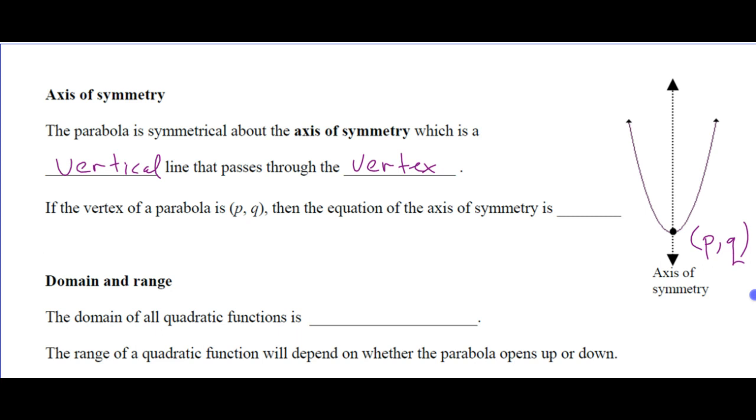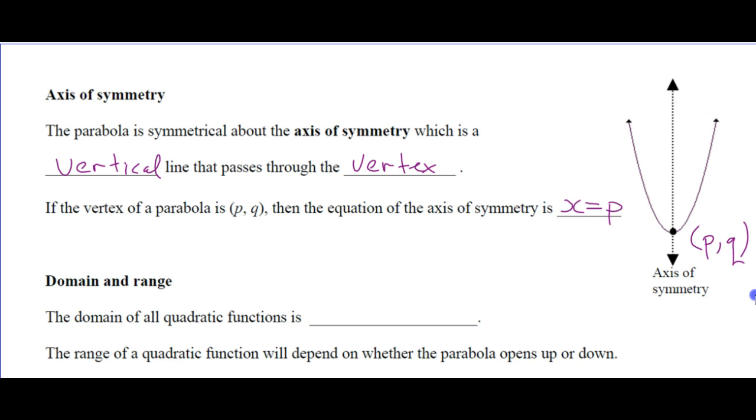What's the x-coordinate of that point? P, comma, something. Okay, what's the equation of that line? X equals P. Yeah, so every x-coordinate on that line has a value of P. The y-coordinates vary. What's y? It doesn't matter, right? What matters is that x equals P.